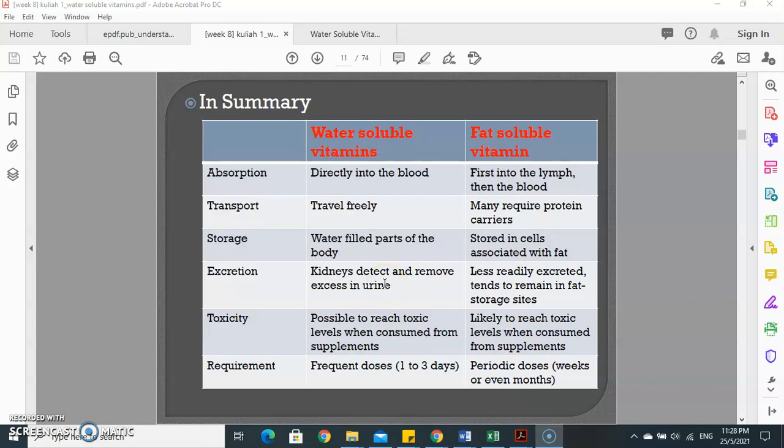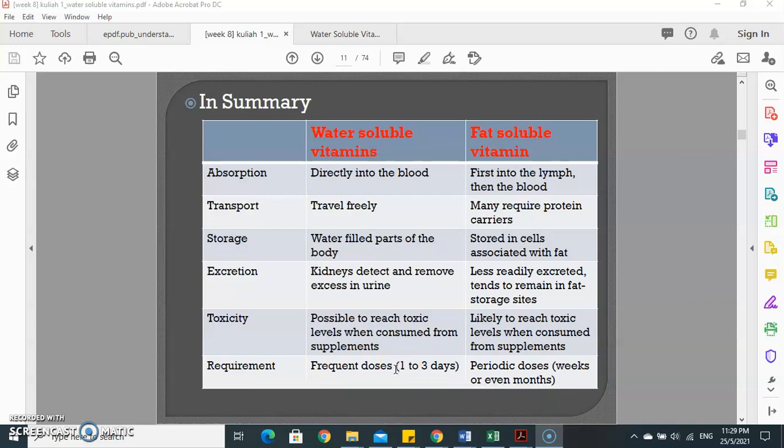While for fat soluble vitamins, once you consume more than is required, it will remain in your fat storage, so it is likely to reach a toxic level. So you need to be more careful when you consume fat soluble vitamins, because they can be stored in your body.